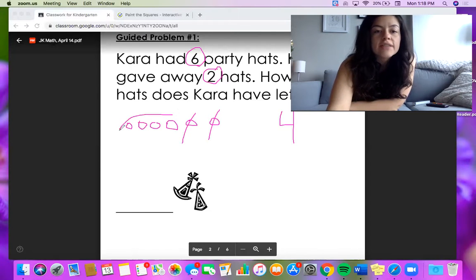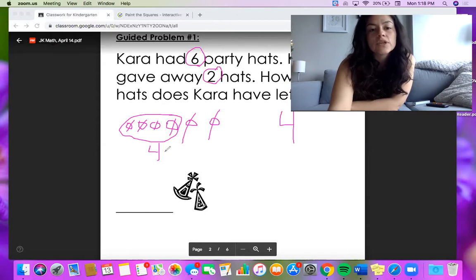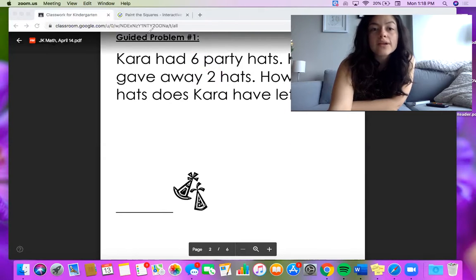How many does she have left? Let's count together. 1, 2, 3, 4. So girls, we can see now that we got the same answer when we did it on our fingers. We got 4, and the same answer when we did it using a drawing. So our answer would be 4 party hats left. Let's do one more example together.